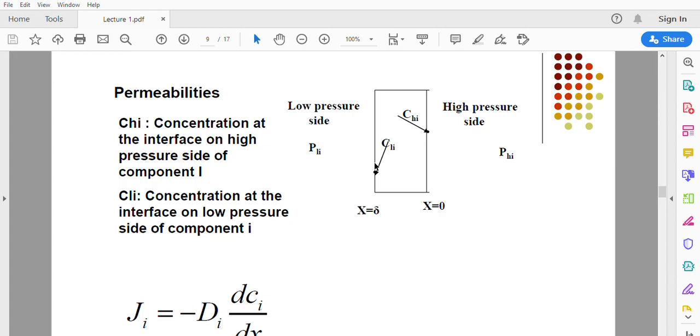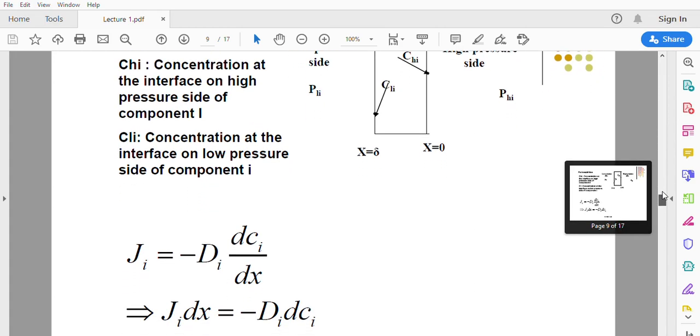Then the dissolved ith species will vaporize from the surface, and the partial pressure on the permeate side will become PLI. So this diagram shows the working of membrane based gas separation.